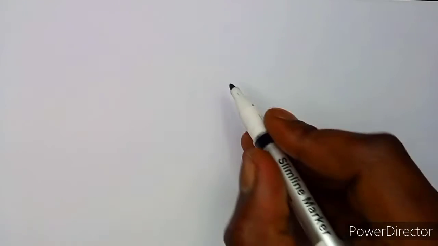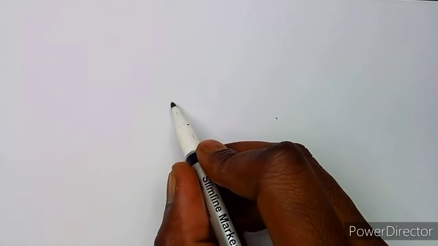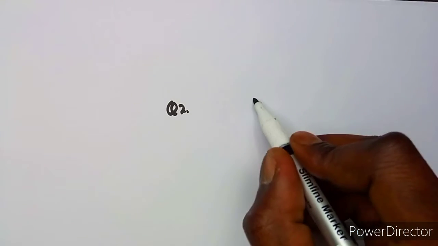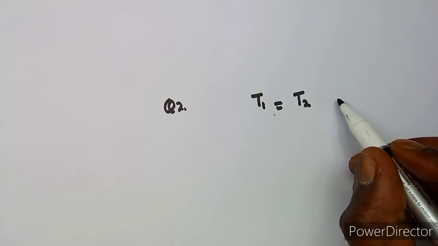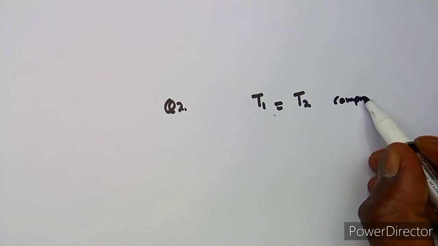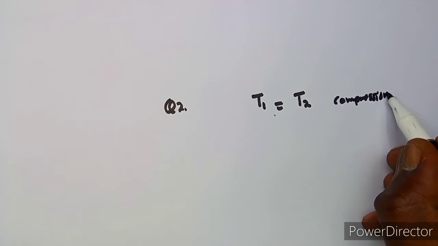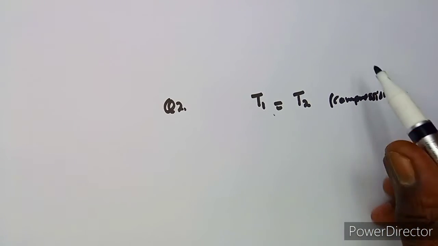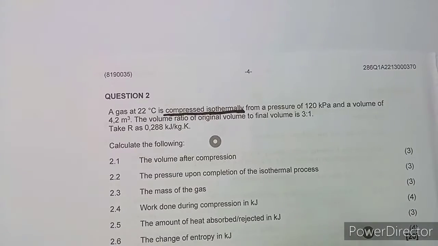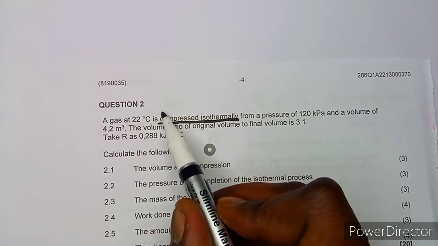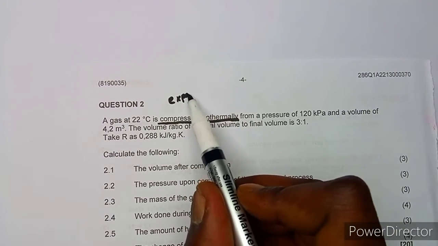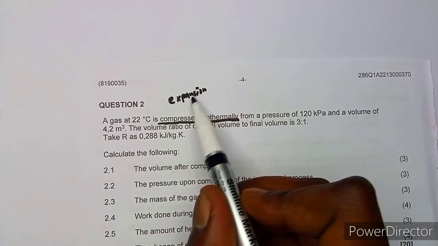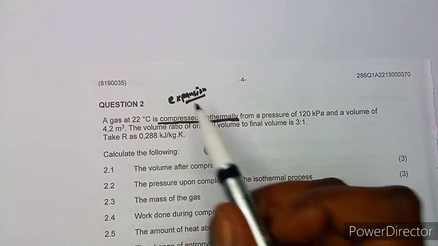When you are dealing with isothermal, it means T1 is equal to T2. Remember, it can be expansion or compression, but this one is a compression, so it's going to affect us in the calculations later on.